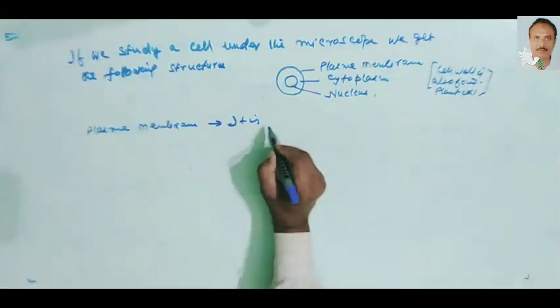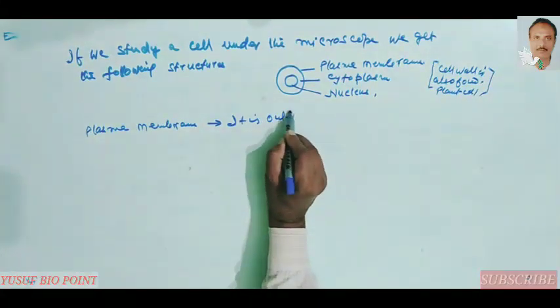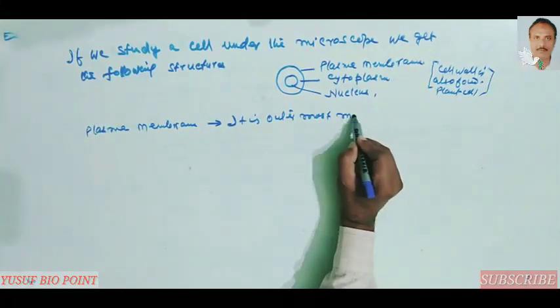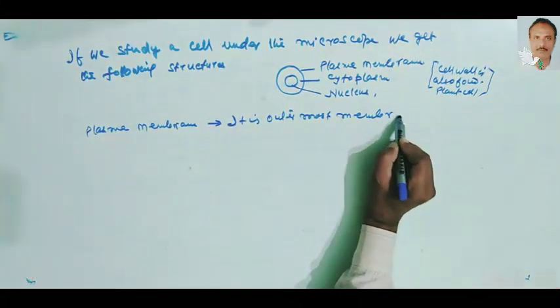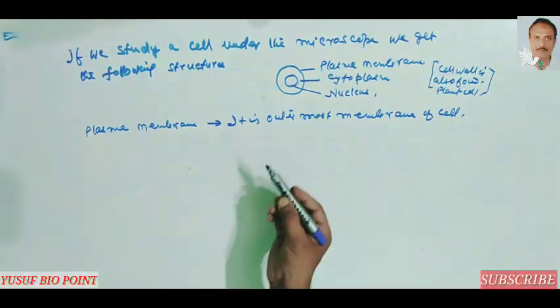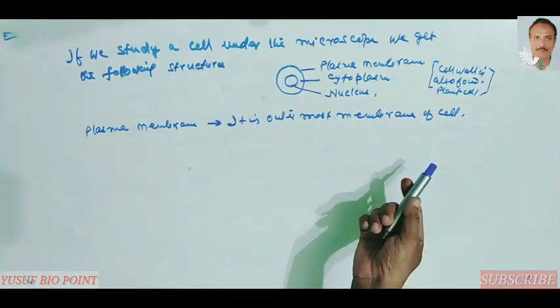It is the outermost membrane of the cell, meaning an animal cell.